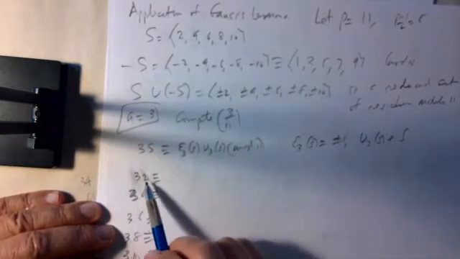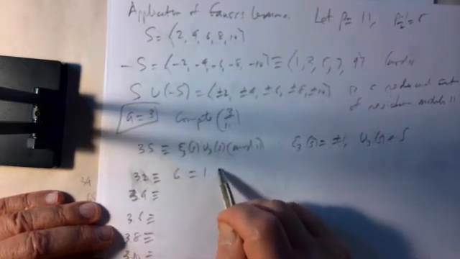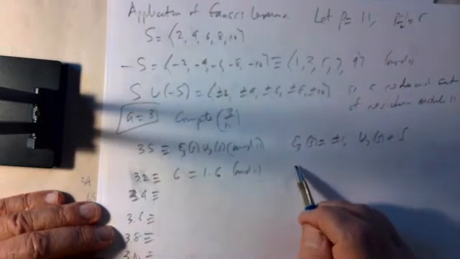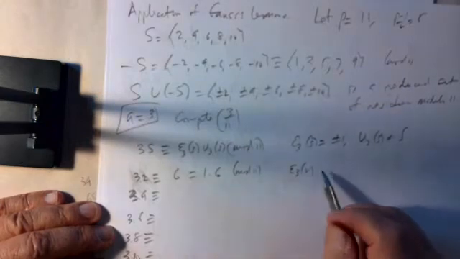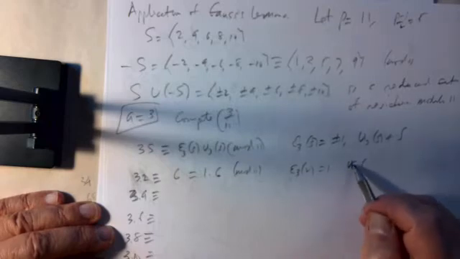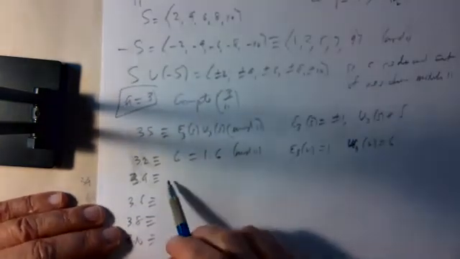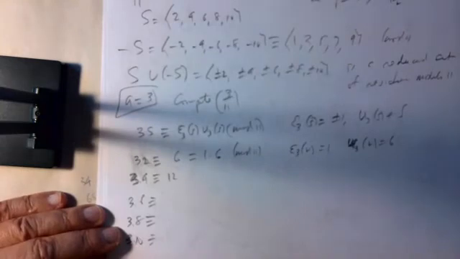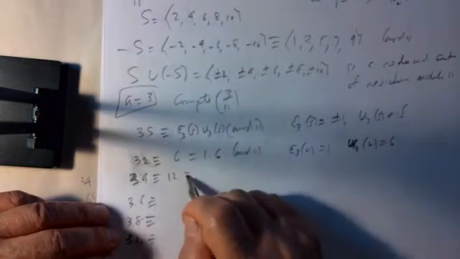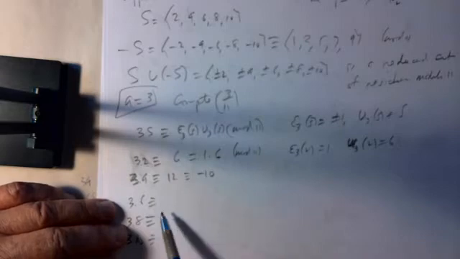Mod 11. 3 times 2 is 6, which is 1 times 6, mod 11. So epsilon sub 3 of 2 is plus 1, and u sub 3 of 2 is 6. 3 times 4 is 12. 12 is the same as minus 10 mod 11, right?